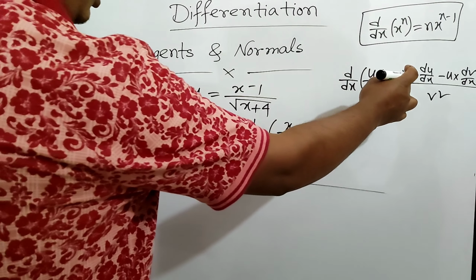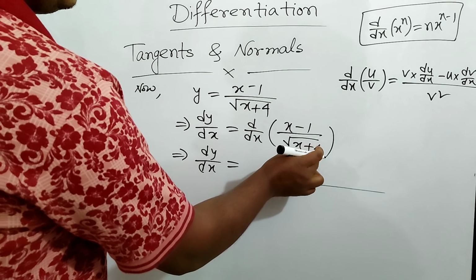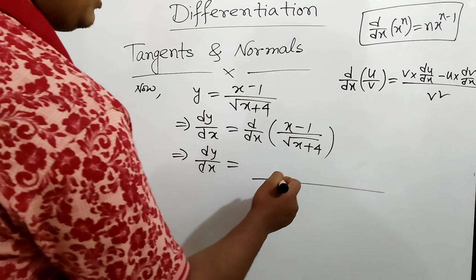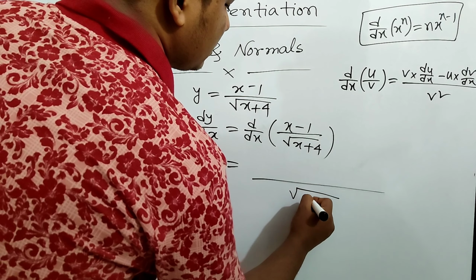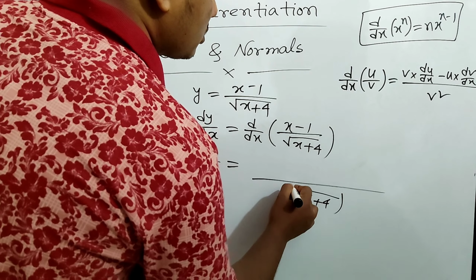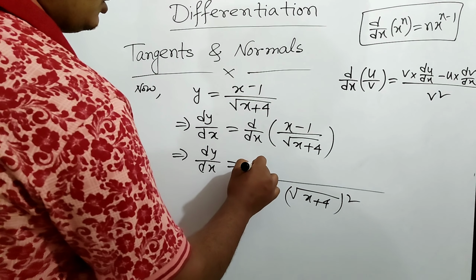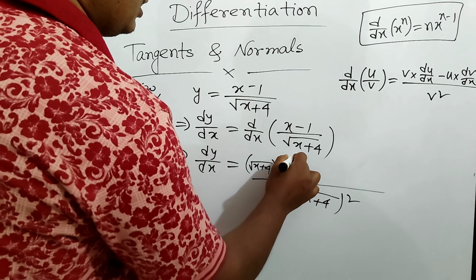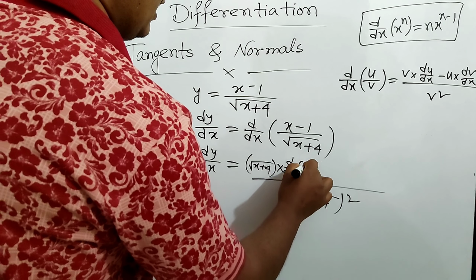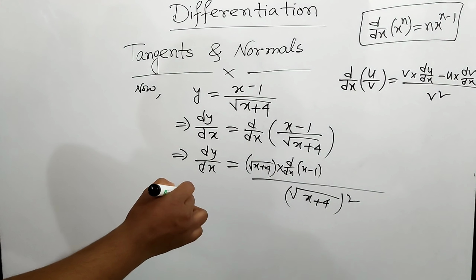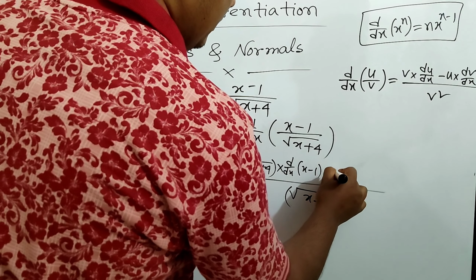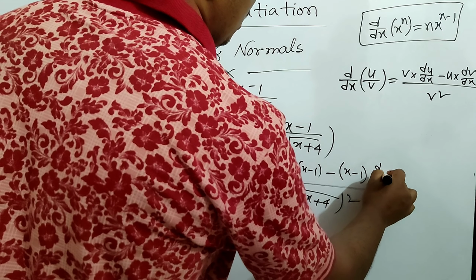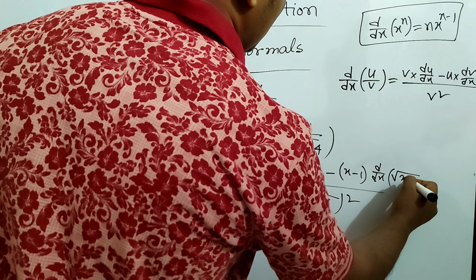If you consider the denominator is v and the numerator is u, then you can easily find the differentiation: v squared, that is (x plus 4) whole squared. Now root of (x plus 4) multiplied by d/dx of (x minus 1), minus (x minus 1) times d/dx of root of (x plus 4).